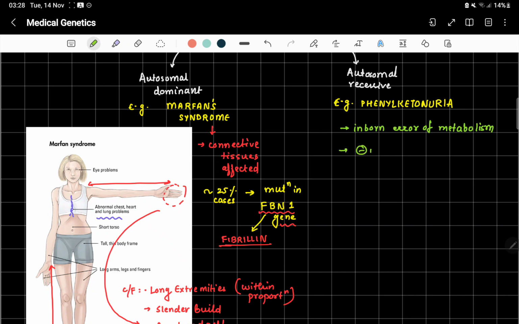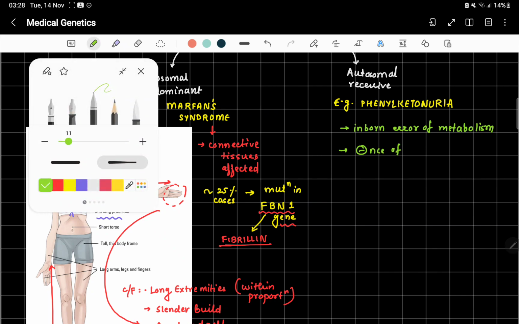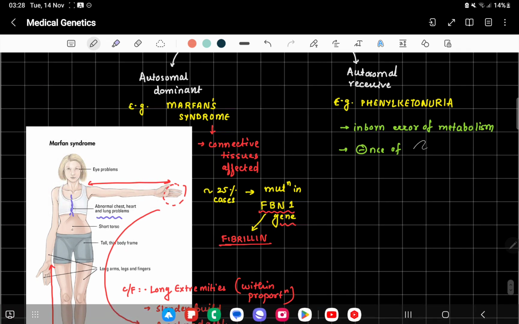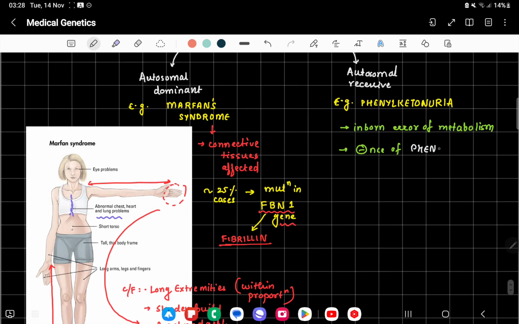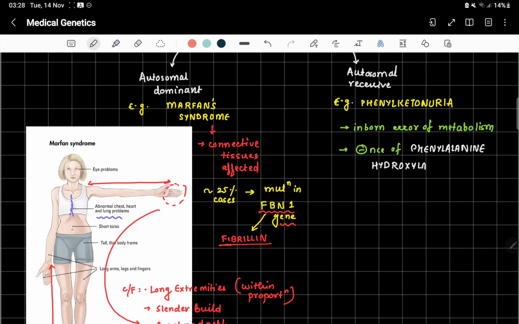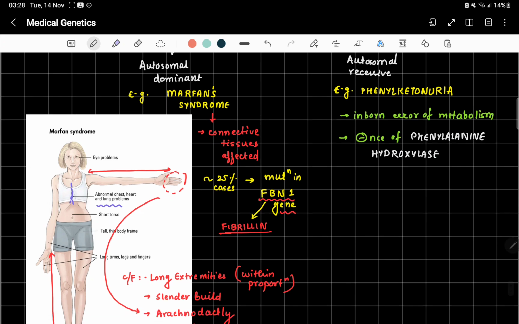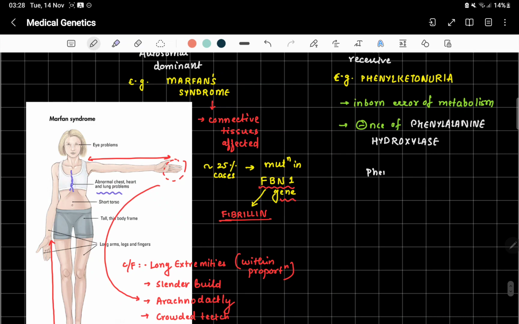Absence of phenylalanine hydroxylase. I believe you must have read about phenylketonuria in great detail in your biochemistry classes. I'm not going deep into phenylalanine.